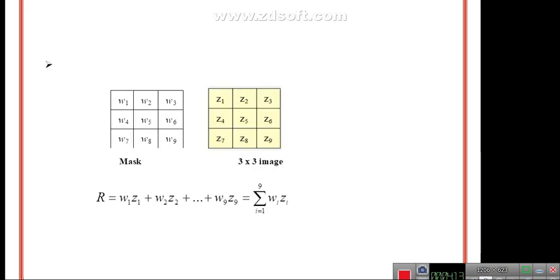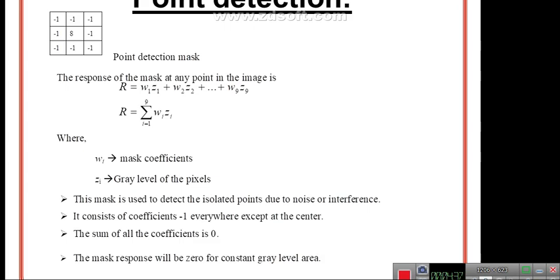Here the mask pattern coefficients are represented by W and the original image by F. We apply the mask pattern to the image pixels, represented by Z. So R is equal to W1 Z1 plus W2 Z2 up to W9 Z9, which is mathematically represented as the summation of i equals 1 to 9 of Wi Zi.